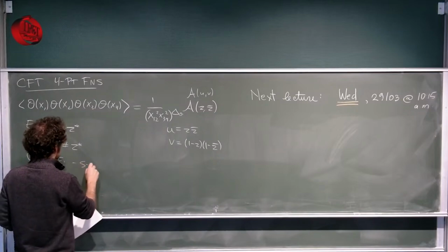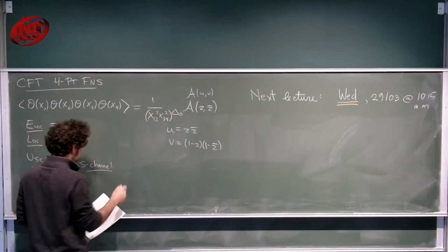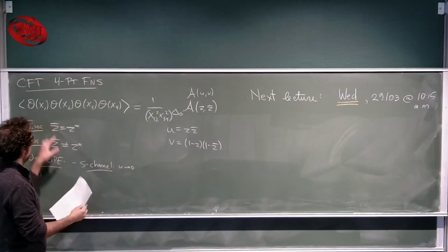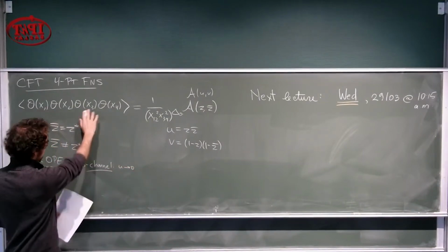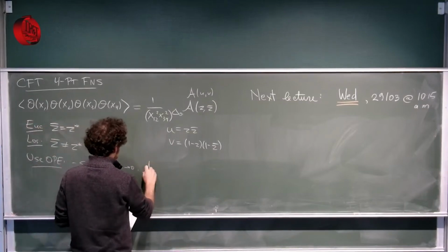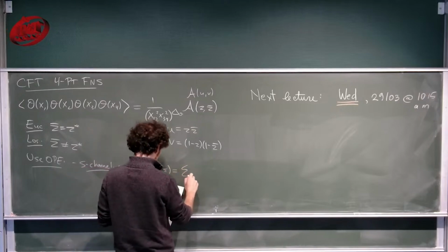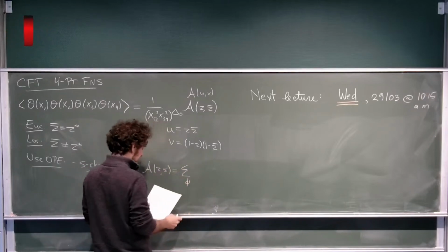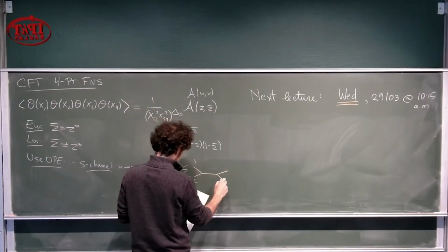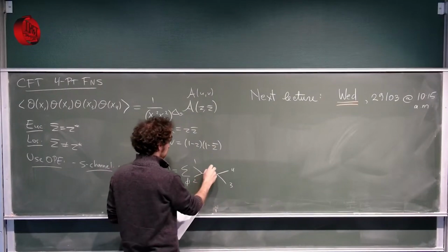The S channel is the channel for me where u goes to 0. This is where x1 approaches x2, likewise for x3 and x4. We can write the function A as a sum over some intermediate operators phi, using the conventional way of drawing these things.